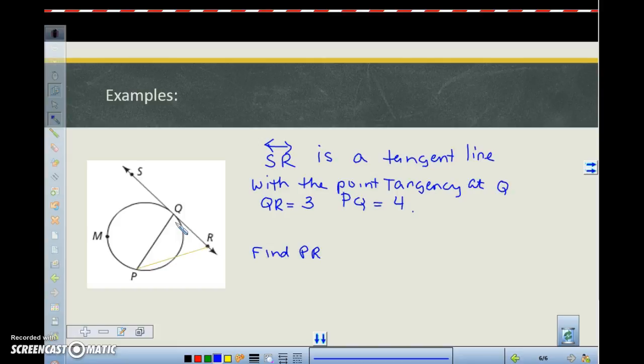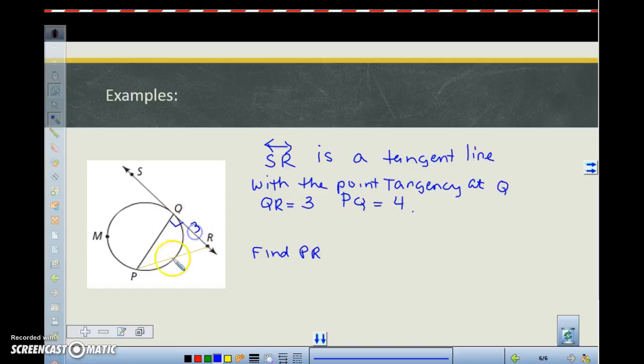What does it mean to be a tangent line, or a point of tangency? Well, that's true. It's half the measure of an arc. We don't have any arcs, though. 90. Okay. Tangency means that this is a 90-degree angle.